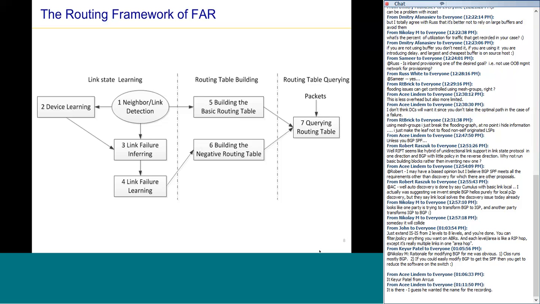Then based on the link failure, you build the negative routing table, or NRT. So 5 and 6 are the routing table building, and finally 7 is the query for the routing table. The routing table query produces the subtraction of the negative routing table from the basic routing table to come up with the final route. That's shown in the rightmost block, which is the routing table query result.